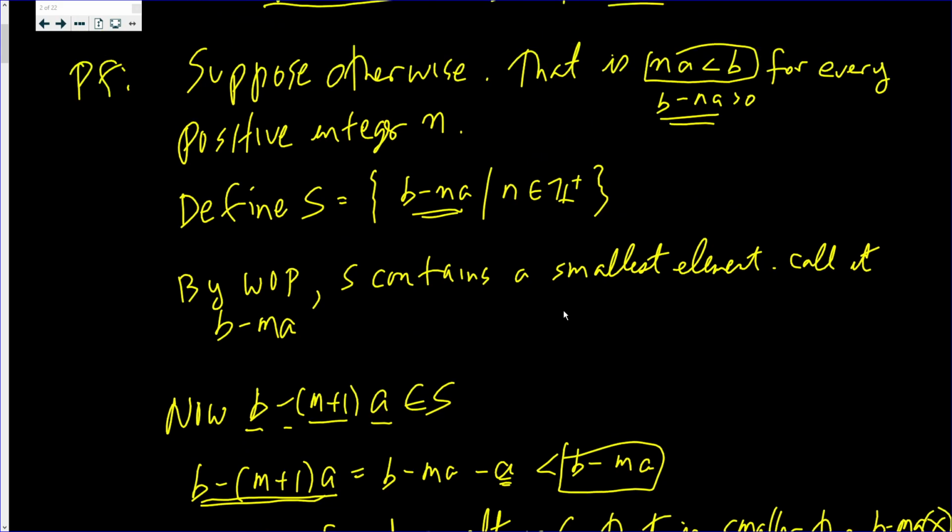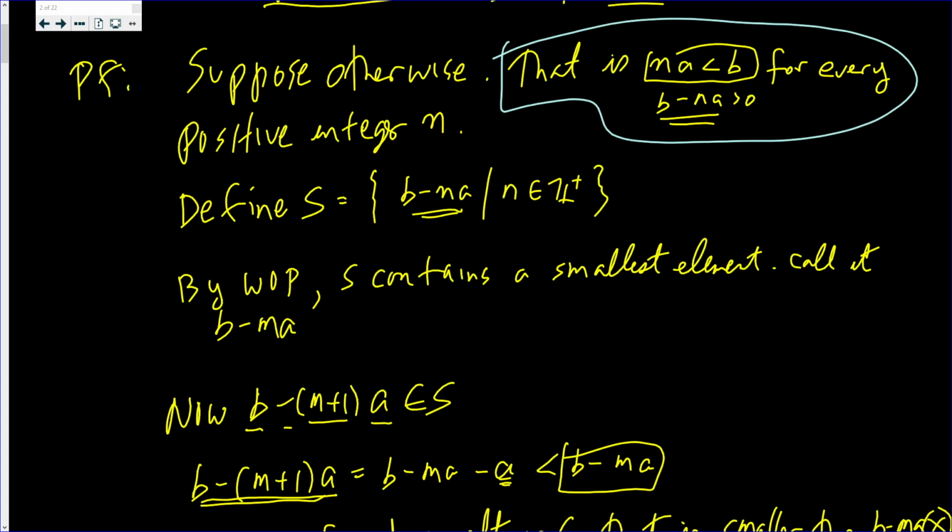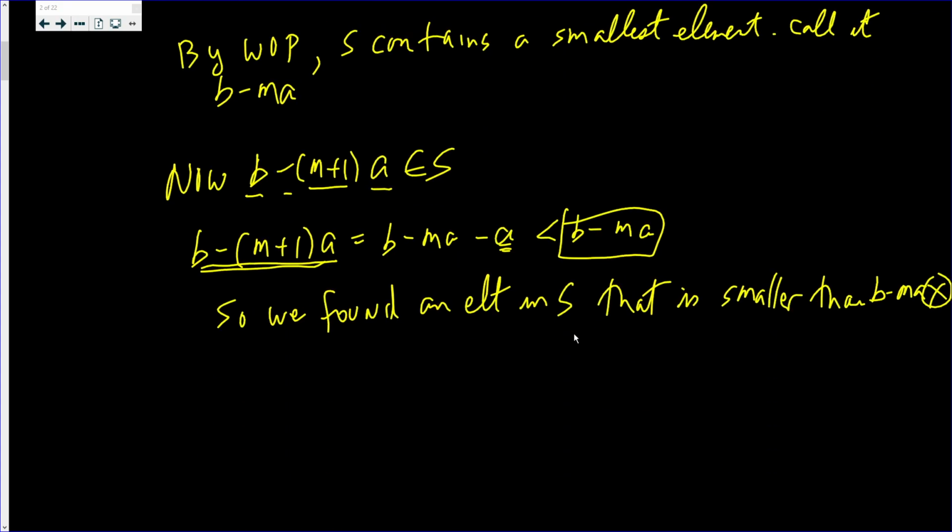Okay, the only thing that we supposed that could be wrong is that na is less than b for every positive integer n. Well, that's not true.